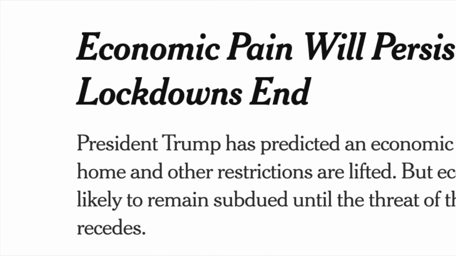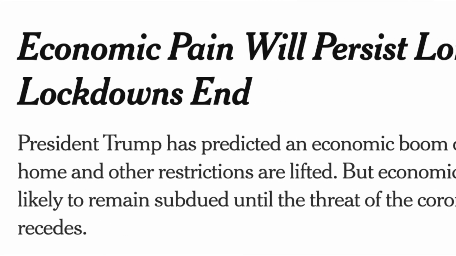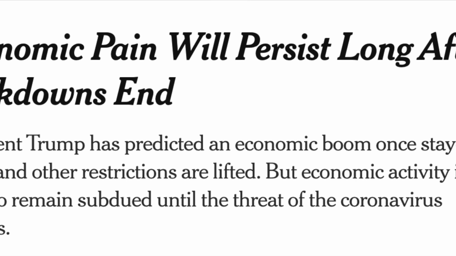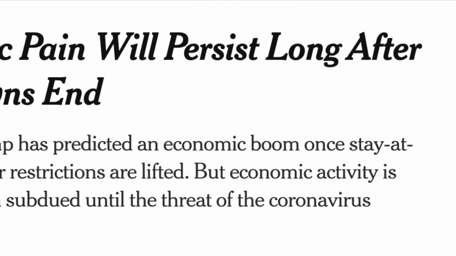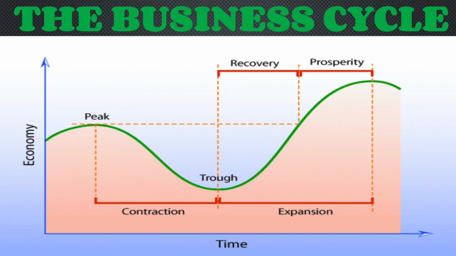Also, by shutting down big parts of the economy, you'd assume that gross domestic product is certainly going to fall. That's measured every 3 months, and we can certainly see that. All of these things go onto this business cycle, and now we have an idea of where we are. For right now, we're in an economic contraction.